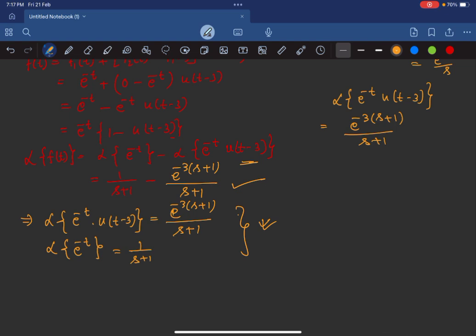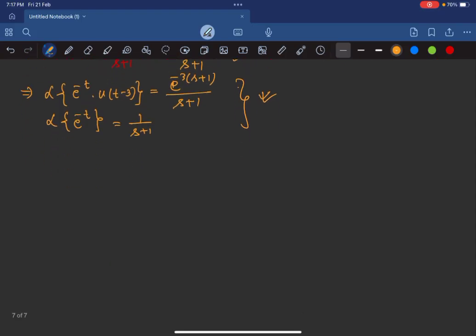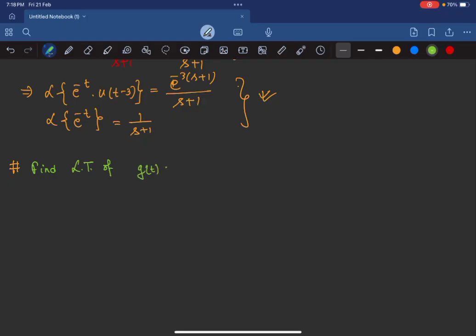Likewise, you can have different questions involving this unit step function. Another question I am giving here: find the Laplace transform of g(t), where g(t) is 0 for 0 < t < pi by 2, and sin t for t greater than pi by 2.